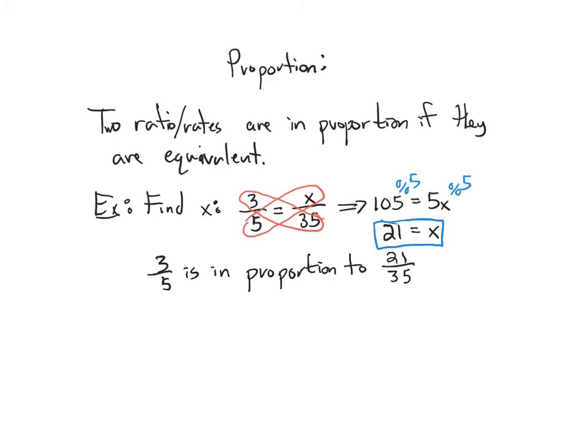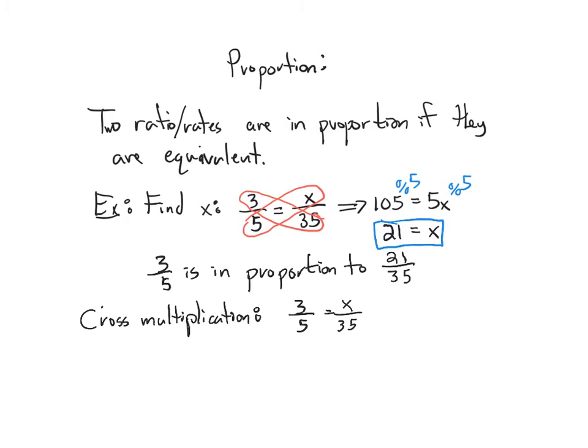And a quick note about cross multiplication. I don't want to talk about this too long, but it's kind of a shortcut. Let me show you what I mean. What we're really doing when we cross multiply, let's do the same problem, is getting equivalent ratios that have the same bottom number.